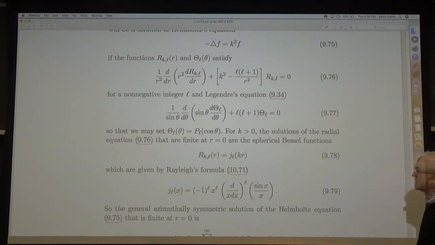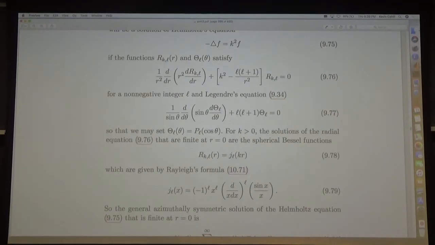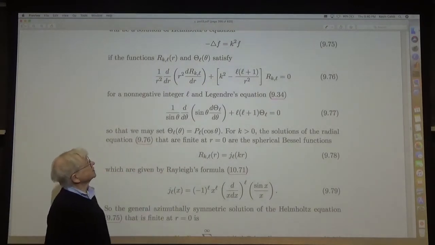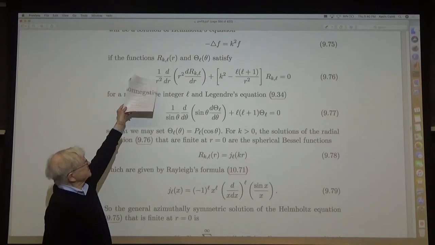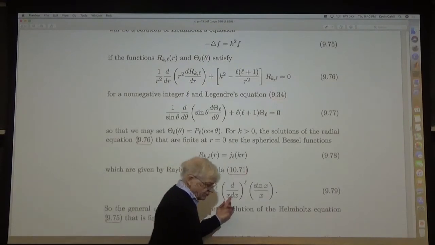We can see that because if we set Theta_l of theta equal to P_l of cosine theta, this gives us back Legendre's equation in self-adjoint form, expressed in terms of the variable theta. And for k greater than 0, the solutions that are finite at r equal to 0, now I'm talking about the R equation, are the spherical Bessel functions, which are given by Rayleigh's formula.